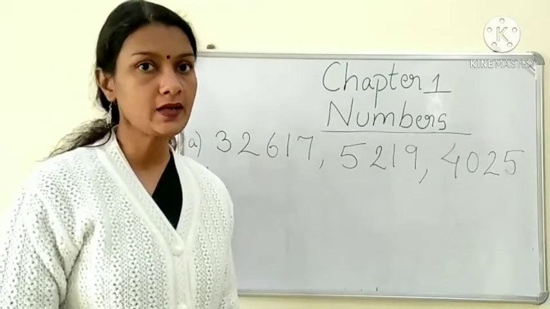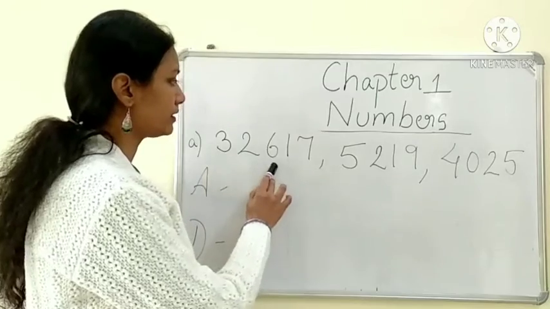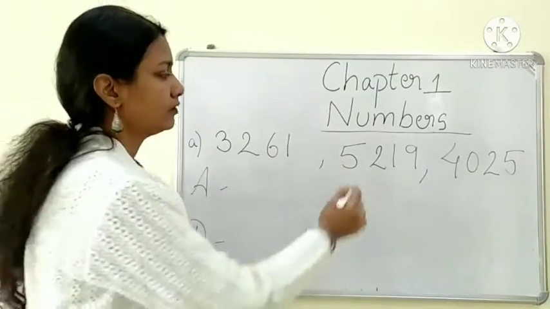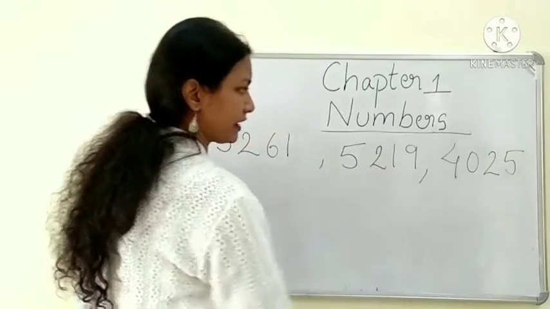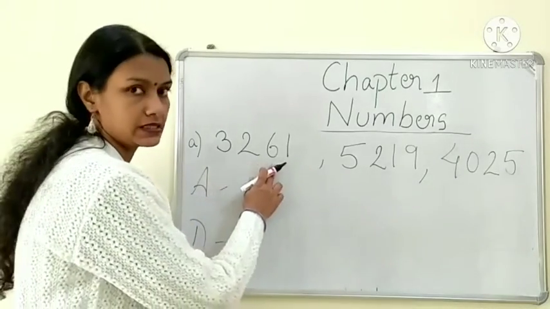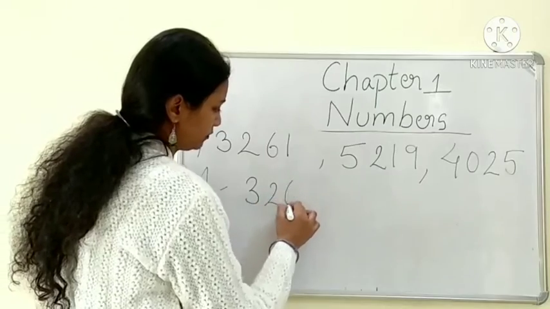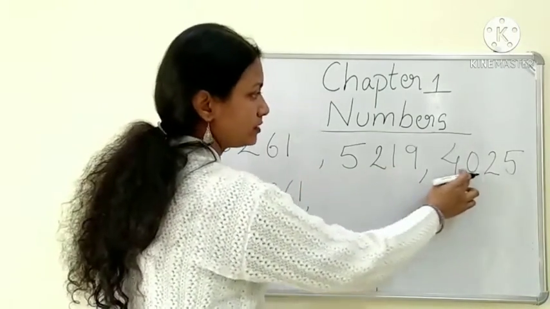Let us understand with an example. So here 3261, 5219 and 4025. The smallest number is 3261. So we will write the smallest first. Then 4025.